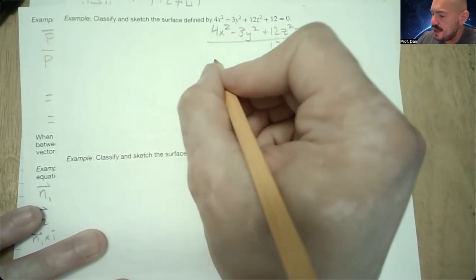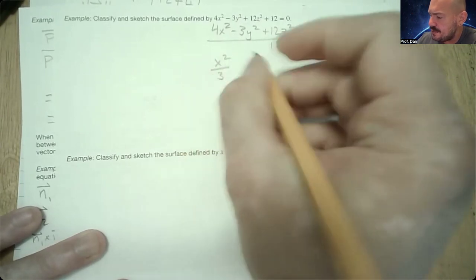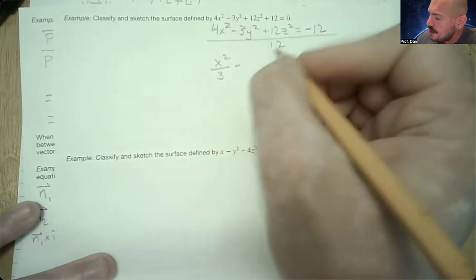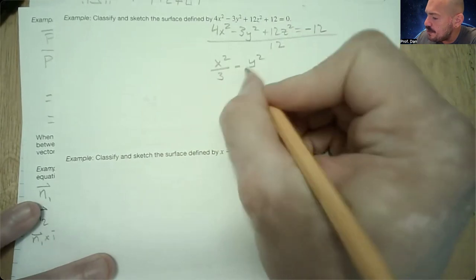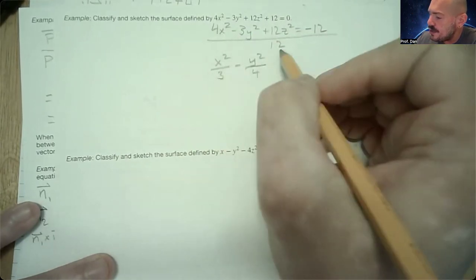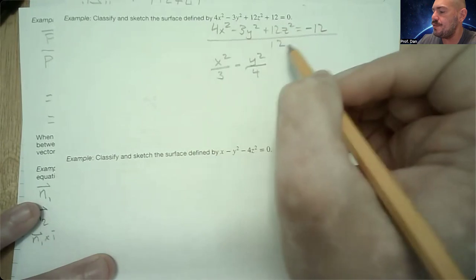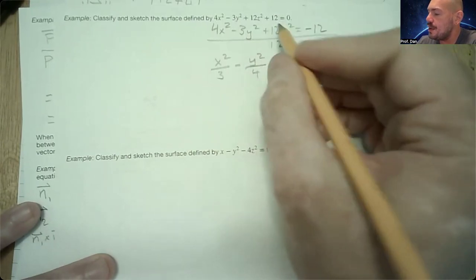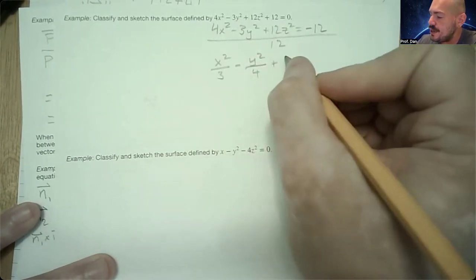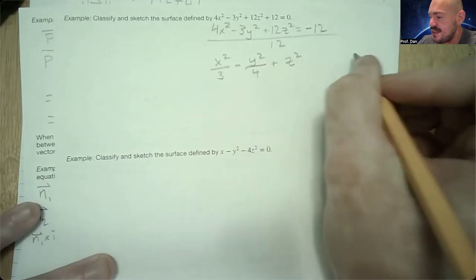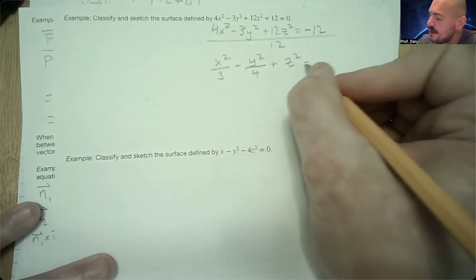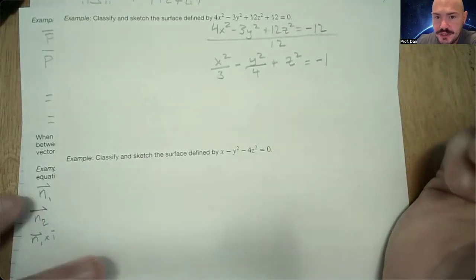So I'd get x squared over 3 minus y squared over 4, because 4 over 12 reduces to 1/3, and 3 over 12 reduces to 1/4. And then plus z squared over 1, which I can just write as z squared, equals -1.